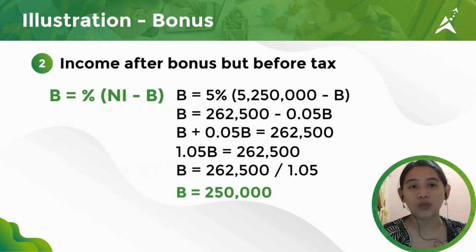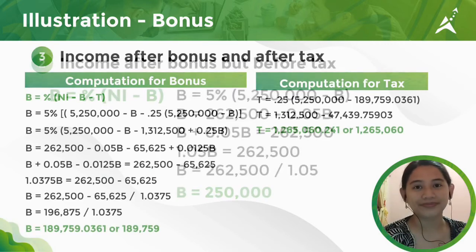Now, B plus 0.05. As I said earlier, B is represented by a value of 1. Thus, 1 plus 0.05 equals 1.05. Now, we transfer it again to get the value of B, and we will arrive at 250,000 pesos.